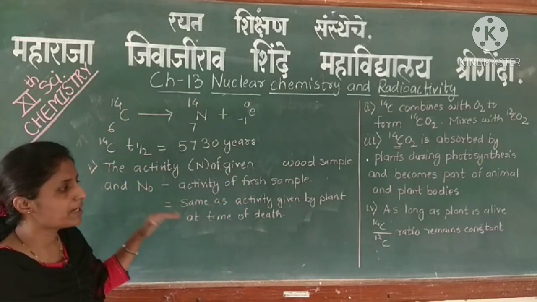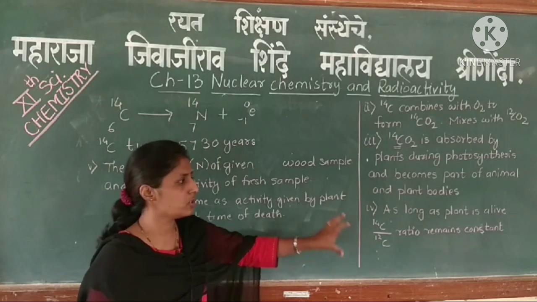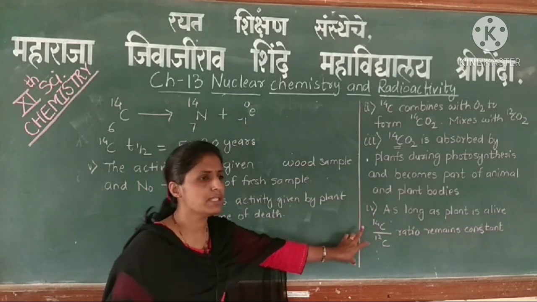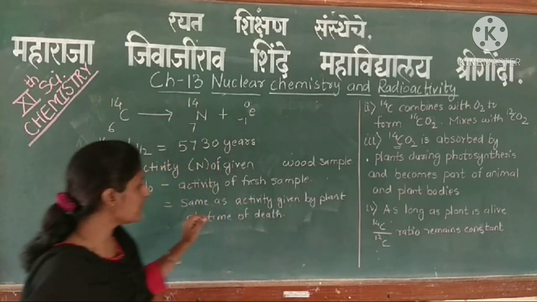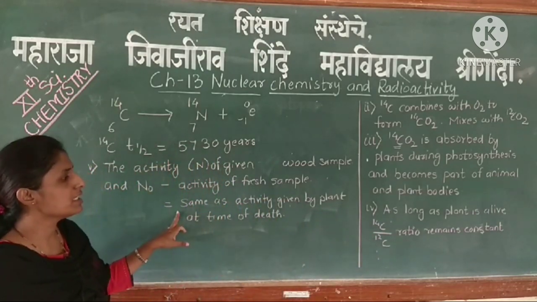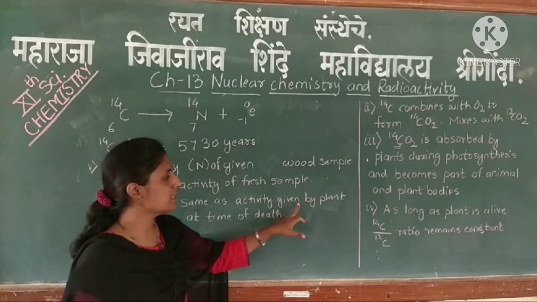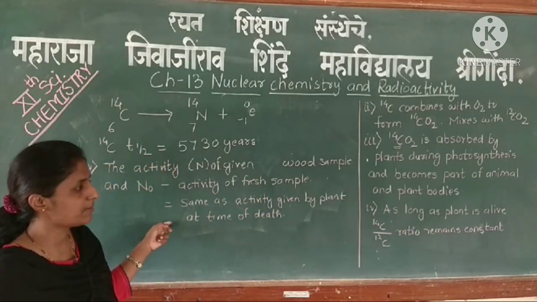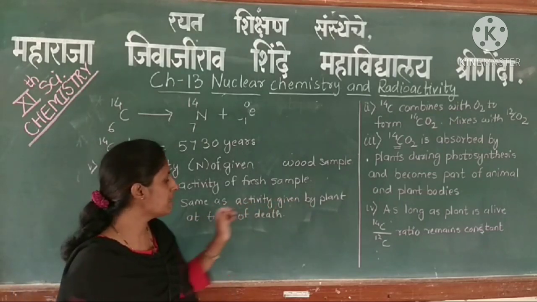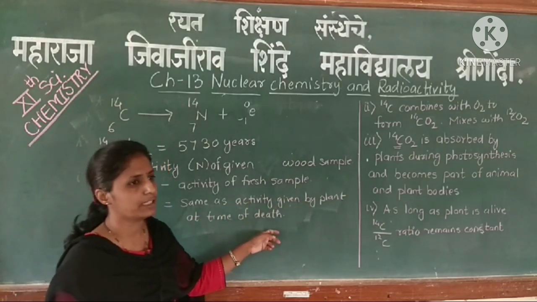Now what did we say about this N0? As long as your plant is alive, the carbon-14 to carbon-12 ratio is the same. So this N0 activity is the same activity. The activity of the fresh sample, N0, is going to be the same as that given by the plant at the time of death.